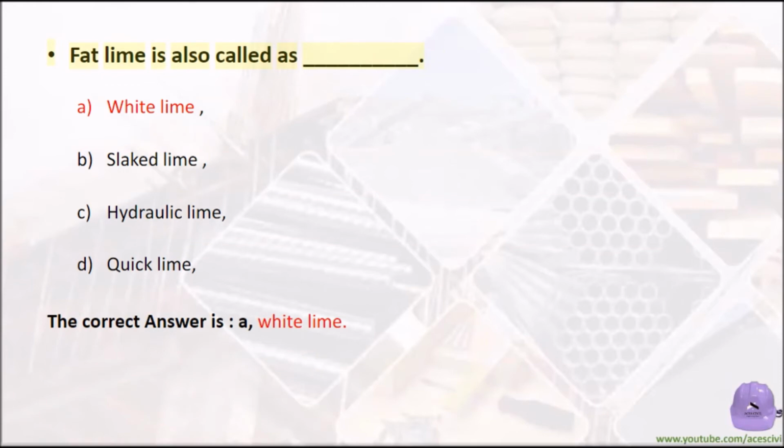Fat lime is also called as: A. white lime, B. slaked lime, C. hydraulic lime, D. quick lime. The correct answer is A. white lime.